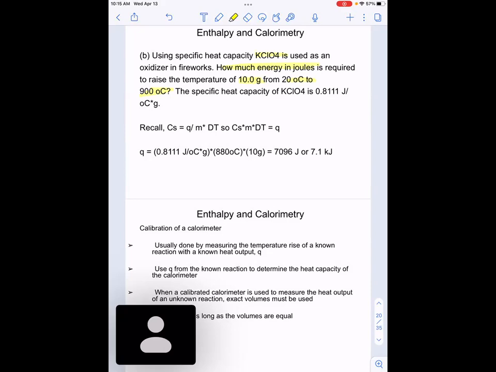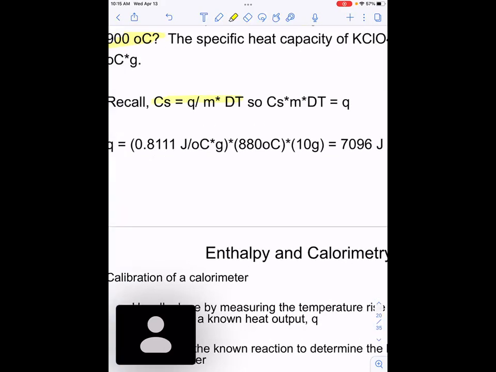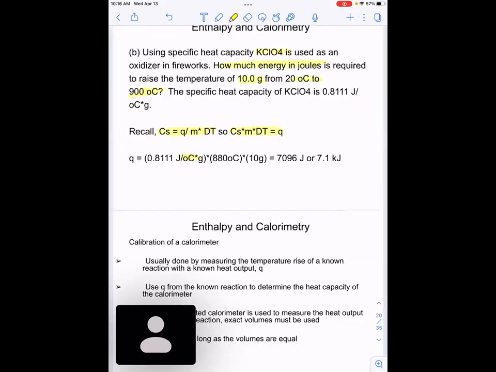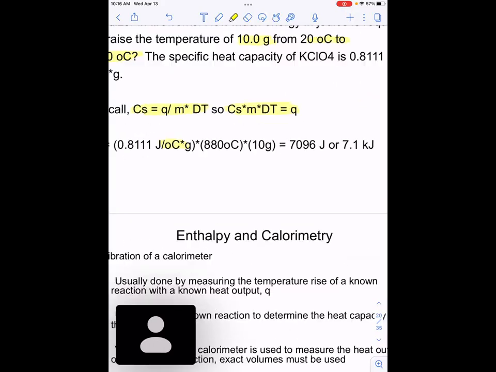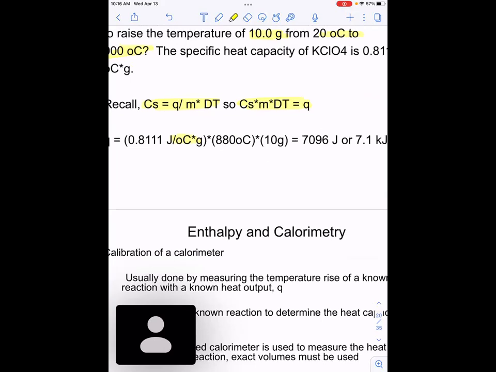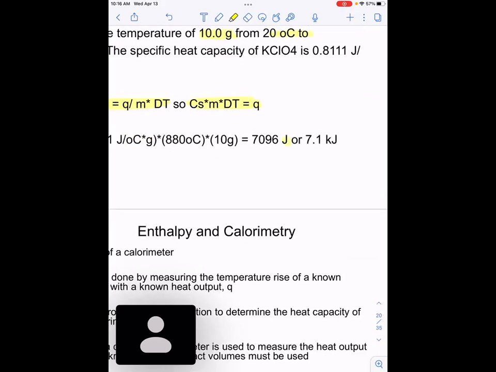And if we know this equation, we can manipulate it to find Q. So Q is specific heat times the mass times the change in temperature. And the units are here. It's either going to be in joules or kilojoules.